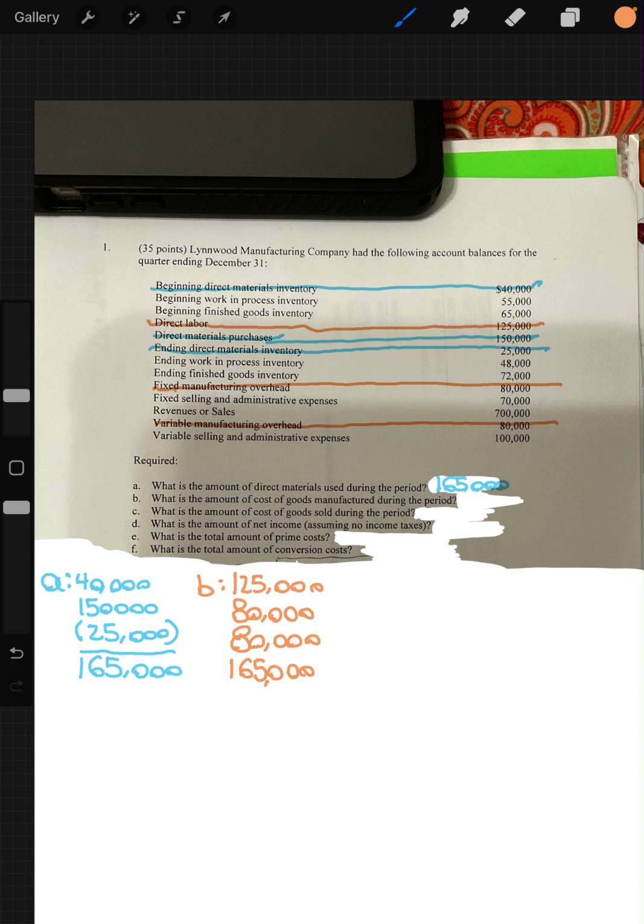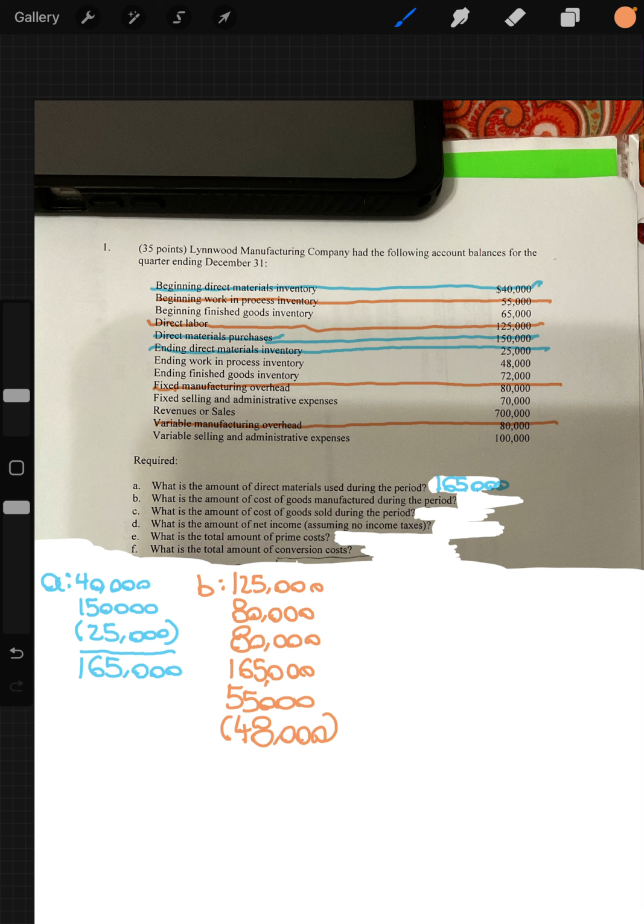But let's get our beginning work in process inventory. So we're going to add that as well. But then we subtract the ending work in process inventory. And that would be 48,000.